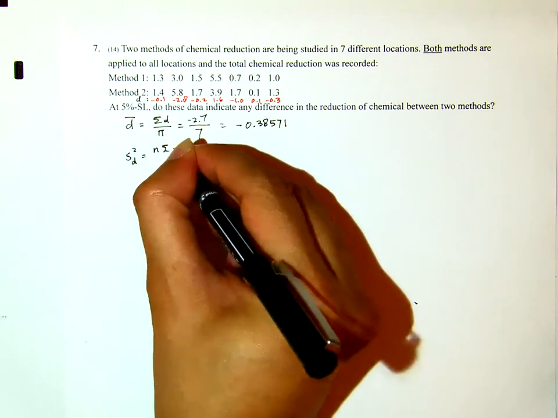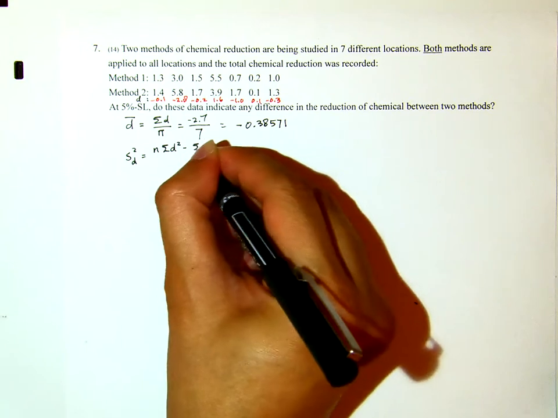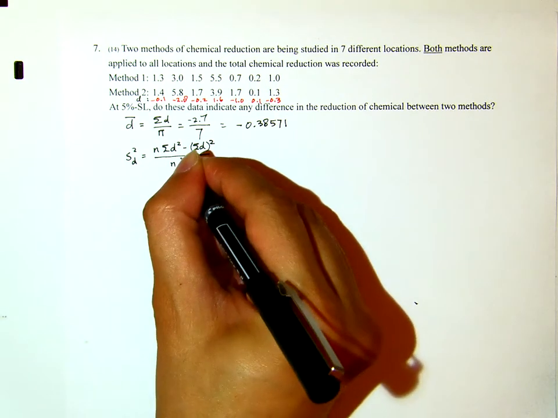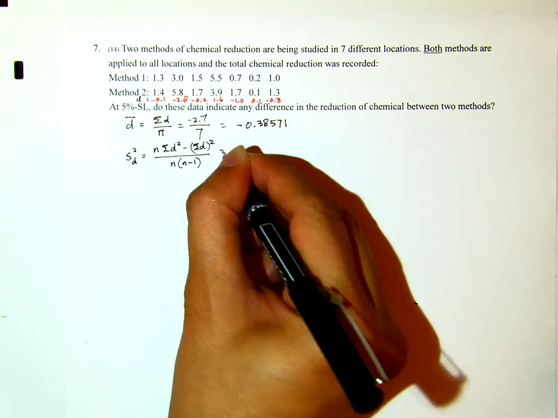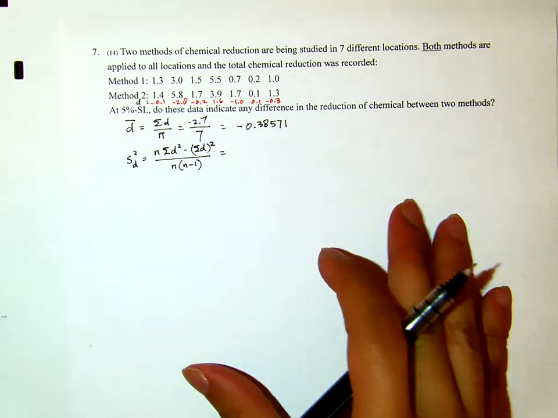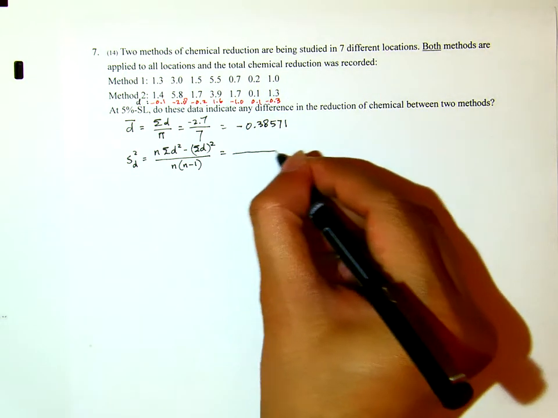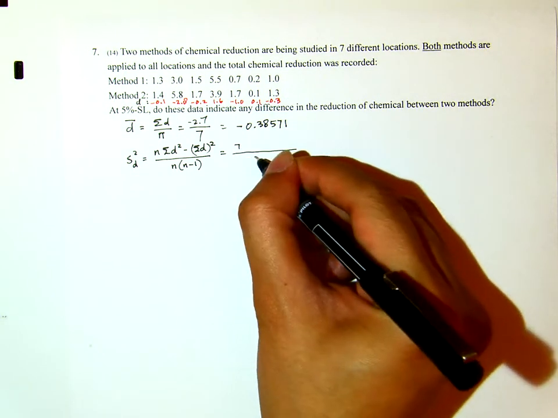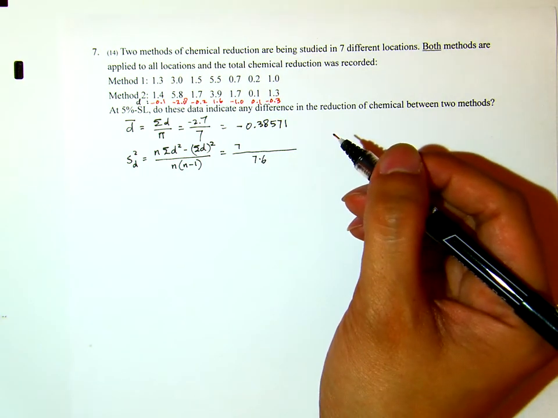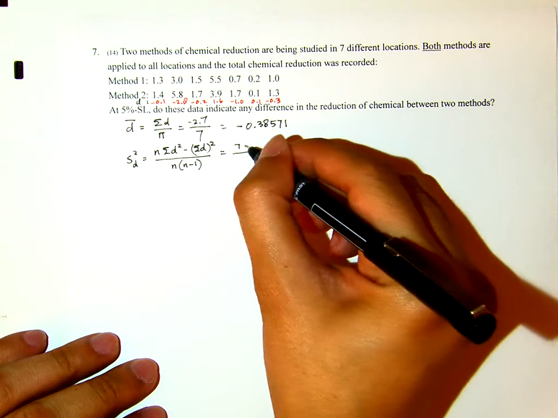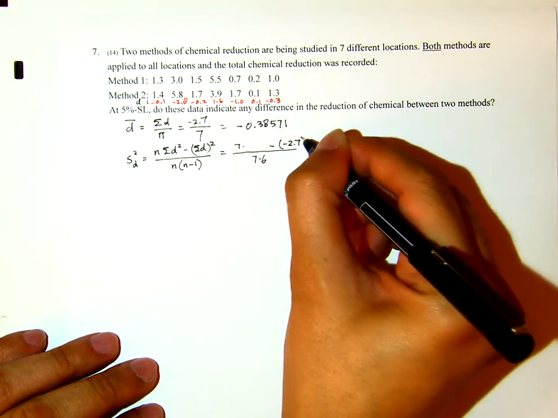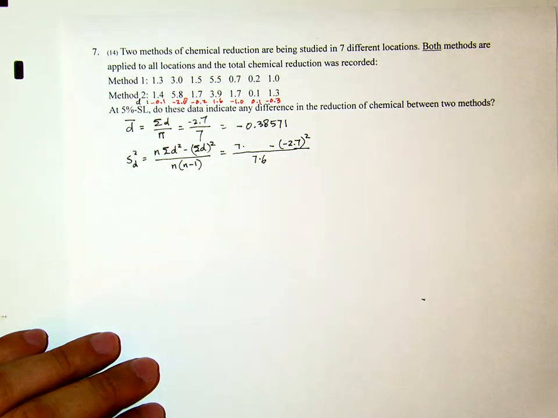Then I will compute the variance of the differences: sigma d squared minus sigma d quantity squared, over n times n minus 1. The n we know is 7, and down here 7 times 6. Minus the sigma d, which is negative 2.7, which I will square later on.